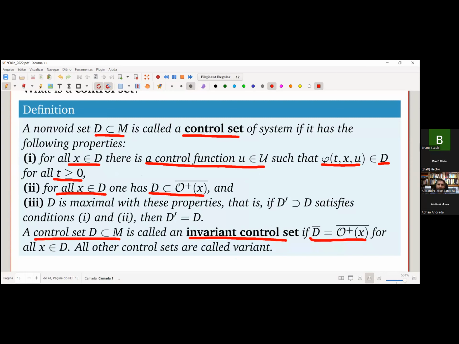Our interest is in this kind of set, the control set.